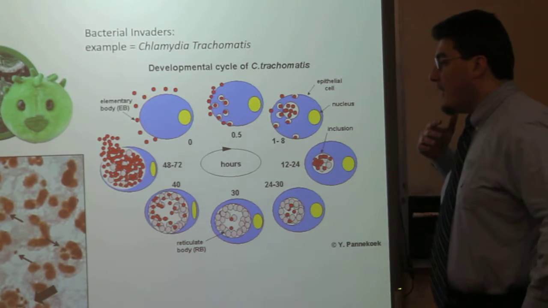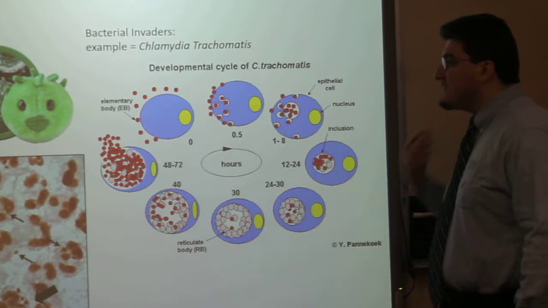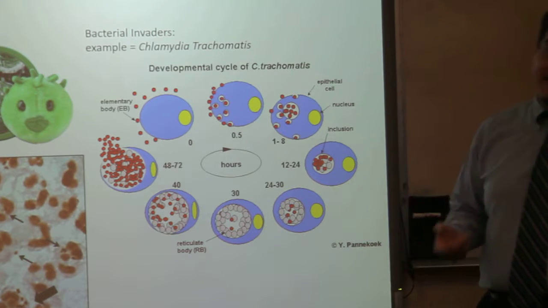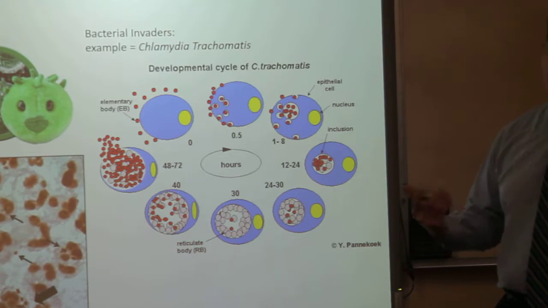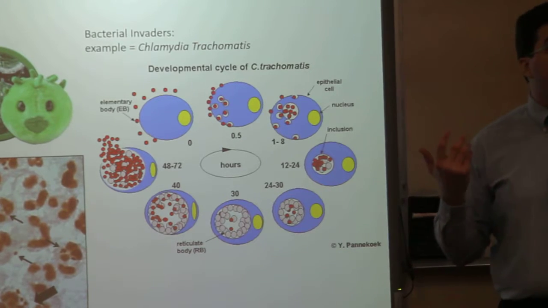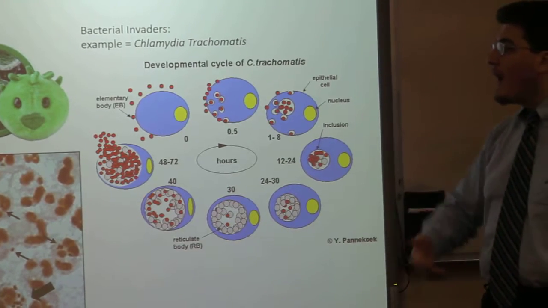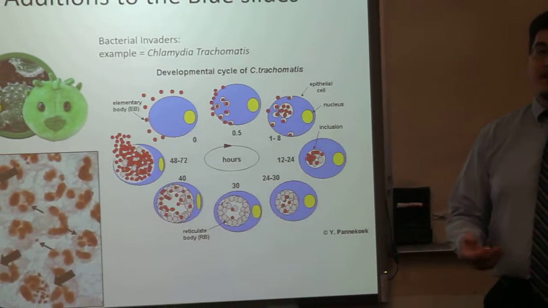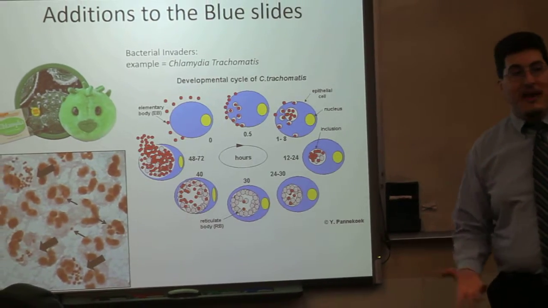After about 48 to 72 hours of total infective time, that cell is going to die and elementary bodies are going to be released out into the wild of your epithelial tissues to infect more cells.